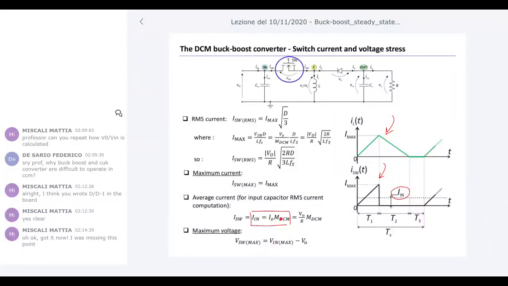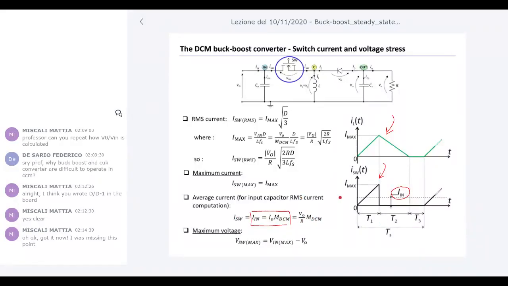And so this means that I naught is V naught over R, and then you have M DCM. M DCM is not reported here. This was computed before. It is negative D multiplied by the square root of R divided by 2 L Fs.